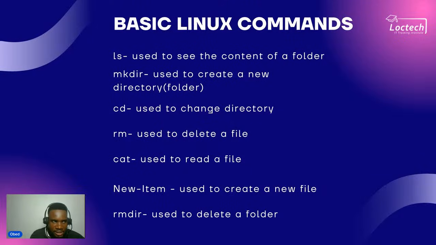Okay, so as you can see, all of these commands are here. ls is used to see the content of a folder, mkdir is used to create a new directory, and new item is used to create a new file. So we've seen commands 1, 2, 3, 4. Now let's look at other commands like rm and rmdir.